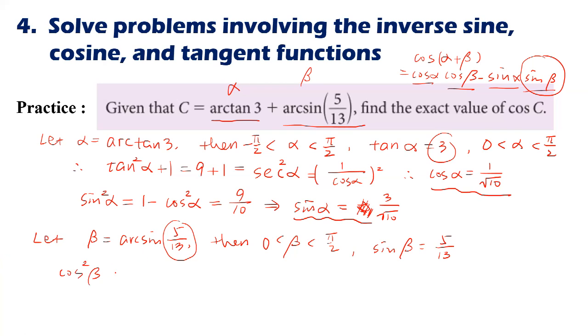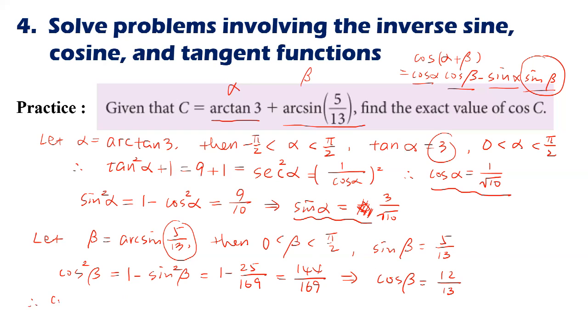And cosine beta squared equals 1 minus sine beta squared, which is 1 minus 25 over 169, which is 144 over 169. So cosine beta is the square root of 144 over 169. Because beta is in the first quadrant, cosine beta must be positive, which is 12/13.